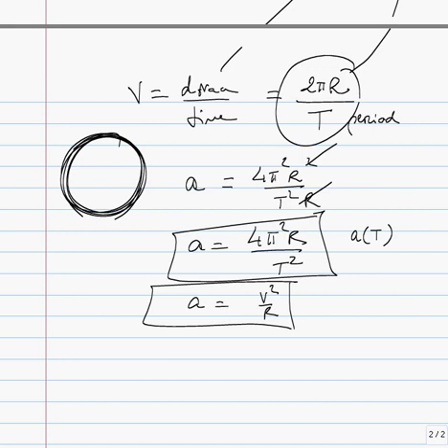If you're being given some information about the time it takes to rotate, like a planet or a satellite, then you might rather use this formula. Either way, they should be equivalent.